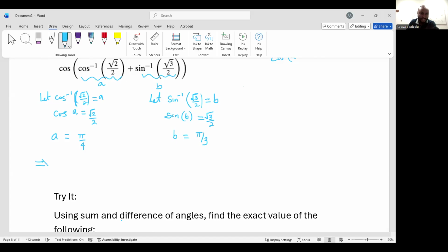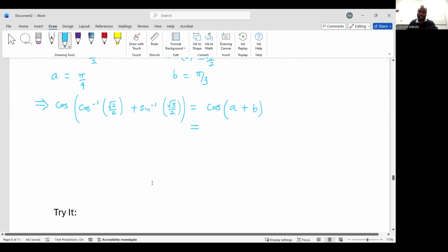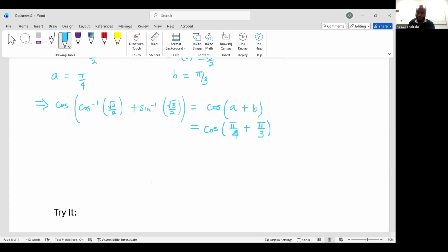So it turns out that cosine of cosine inverse root 2 over 2 plus sine inverse of root 3 over 2 is the same as cosine of A plus B, where A is pi over 4 and B is pi over 3.